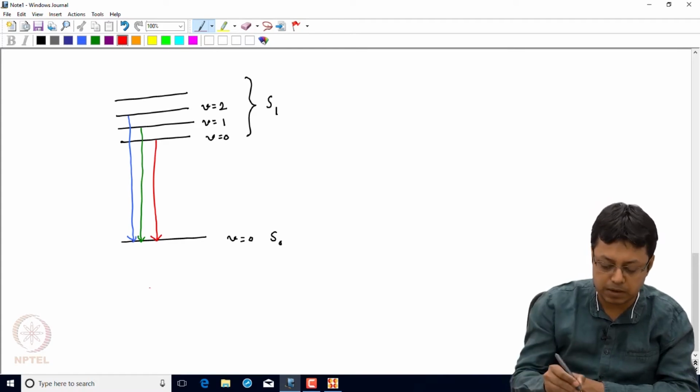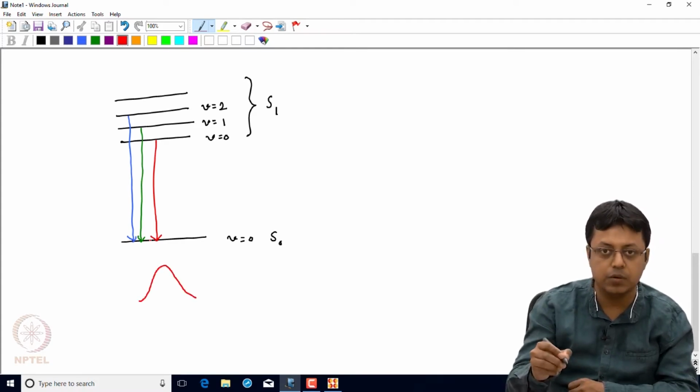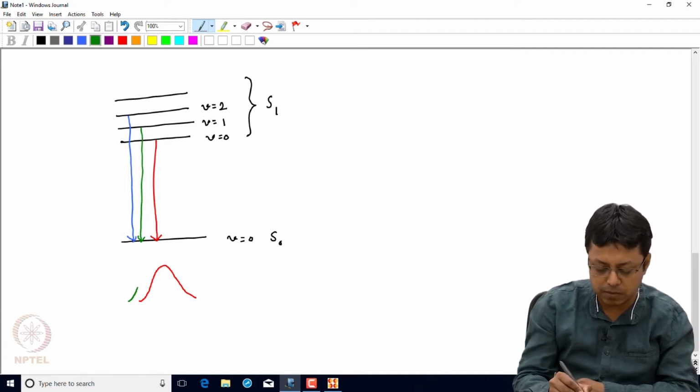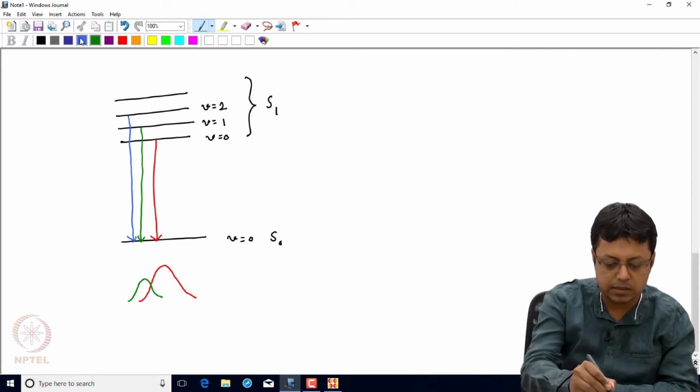So in the fluorescence spectrum we will see a large contribution from this V equal to 0 state, along with some small contribution of fluorescence coming from all other states.